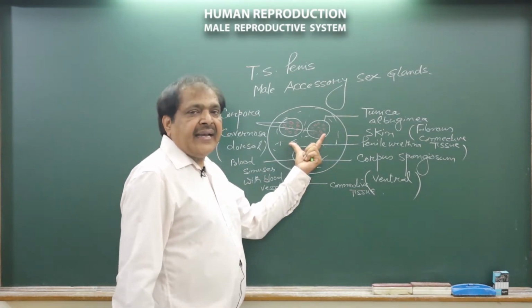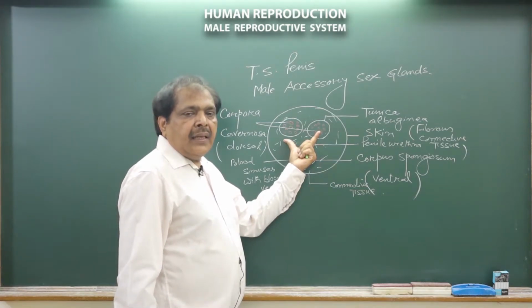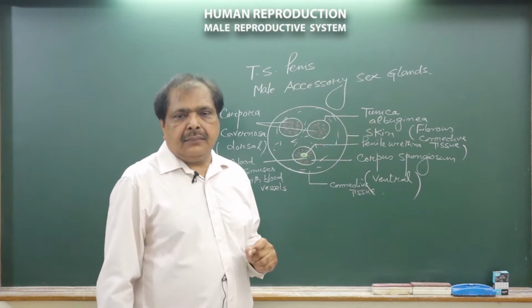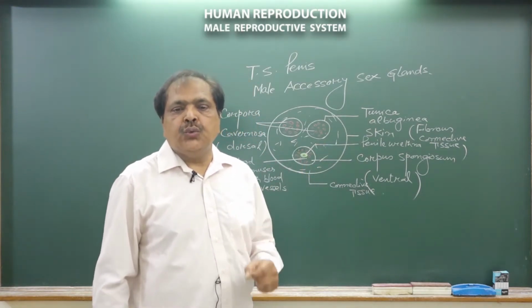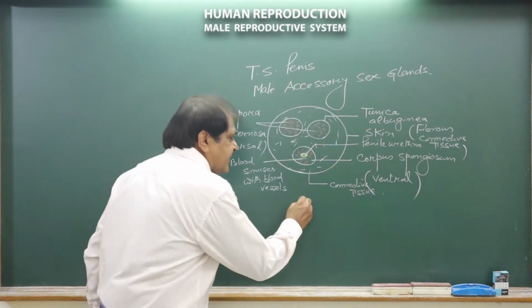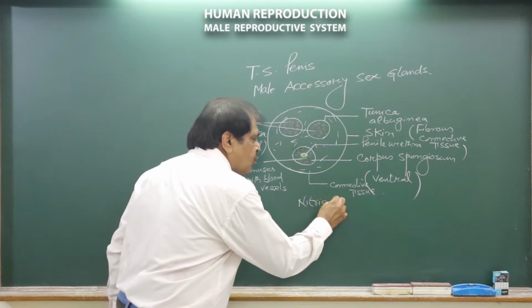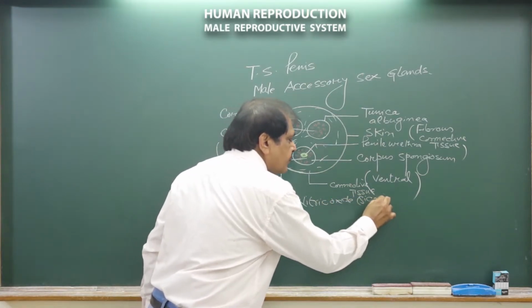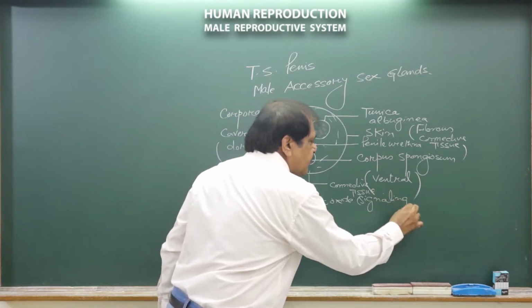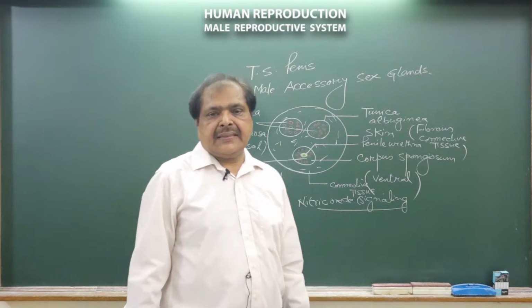In these erectile tissues. And the rushing of the blood, that is the flow of blood, is due to nitric oxide signaling. I told you, nitric oxide signaling is responsible for the erection of the penis.